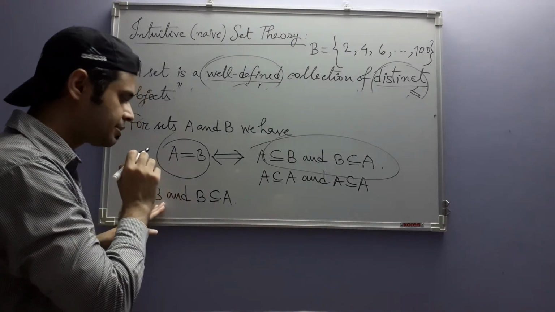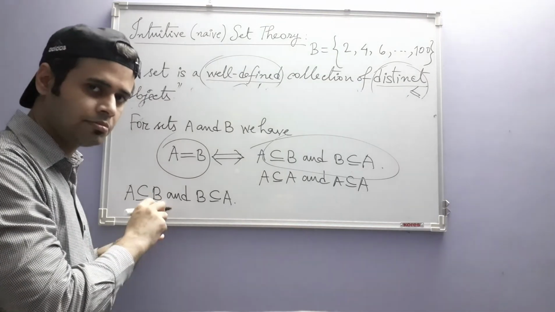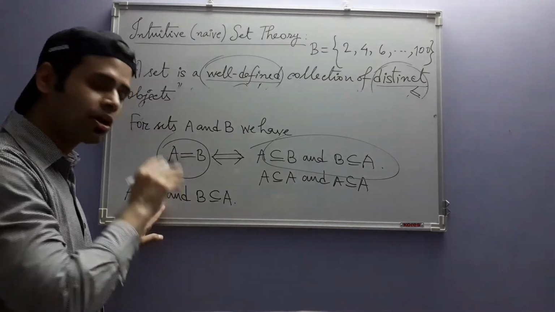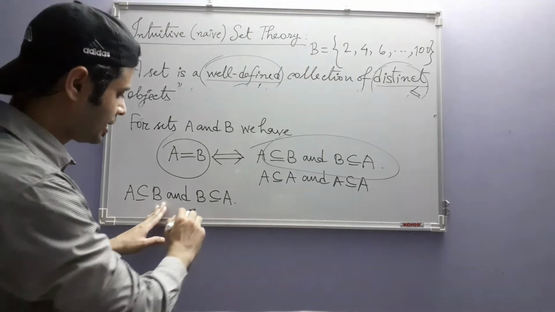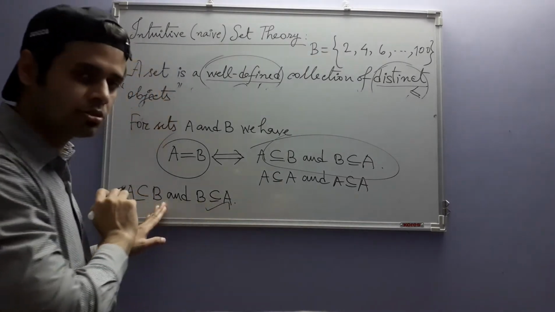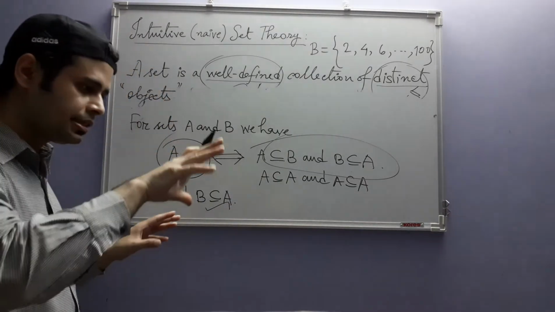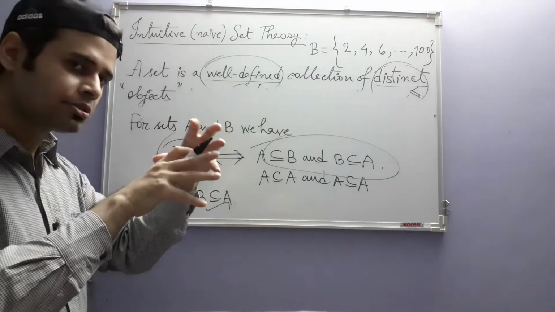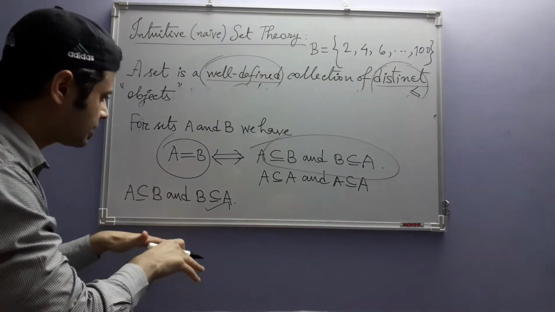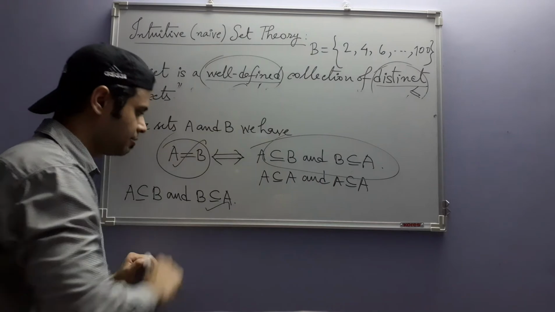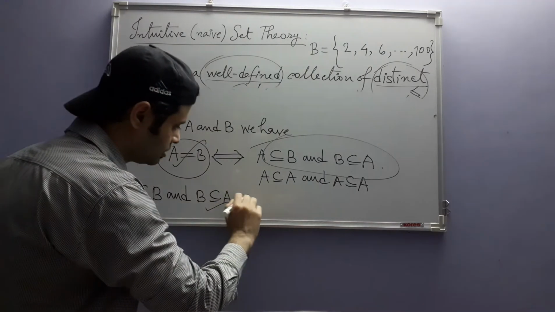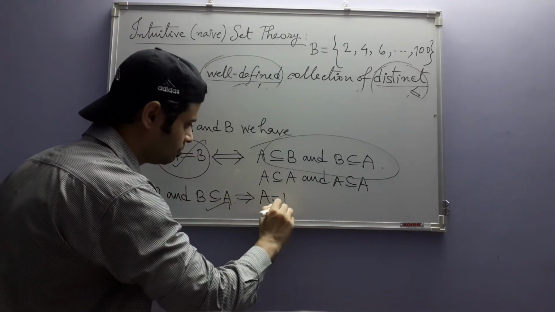If there is something more in B, that means that more will not be in A. But that is not the case, because B is also a subset of A. So A sits inside B, B also sits inside A. So this can only be possible when A and B are equal. So this implies A is equal to B.